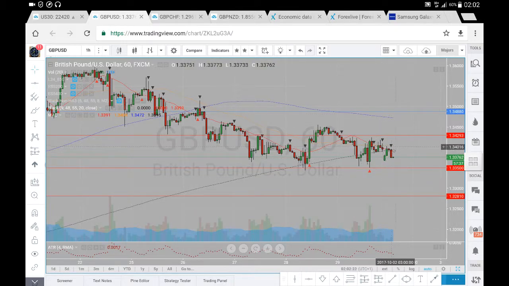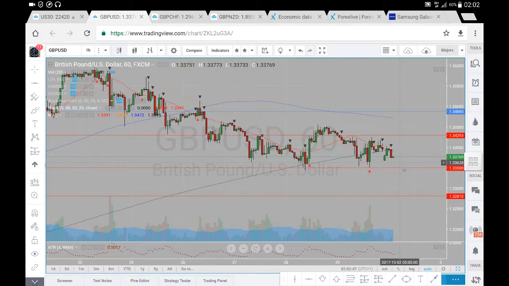We've come up, filled the gap, and we do appear to be heading in a downward direction bearishly. Now we do look likely to retest the 133.50. We could possibly bounce and then retest 134.29, but we do appear to be slowly heading downwards.